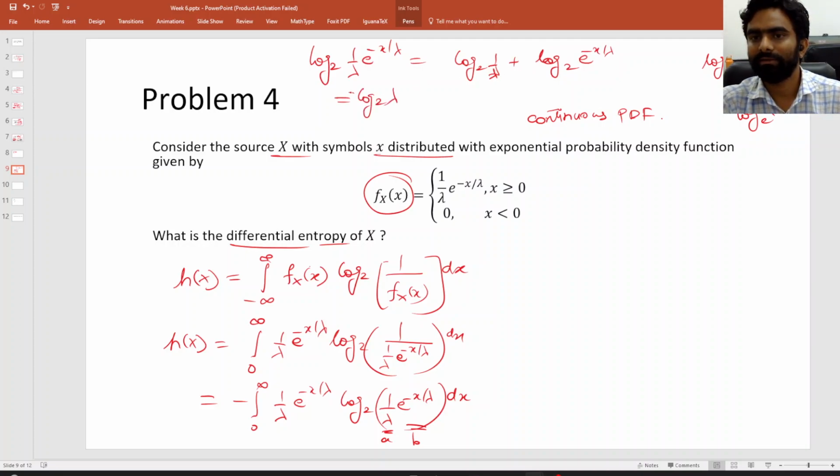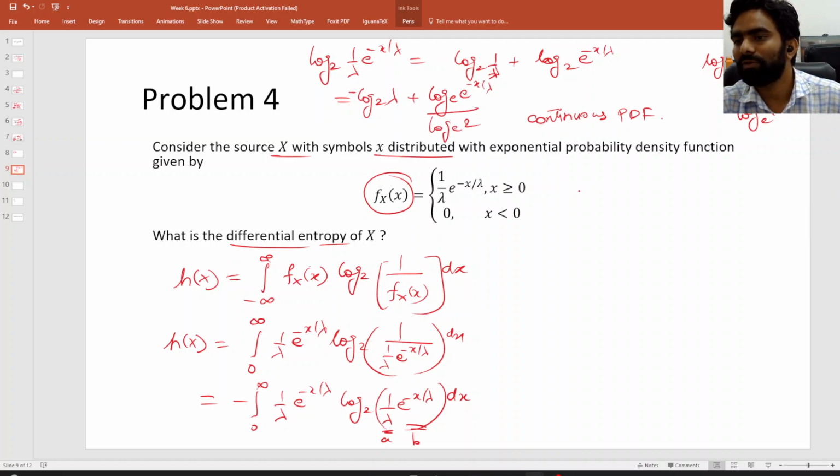So by solving this one you will get minus log base 2 of lambda, plus minus x by lambda times log base 2 of e.